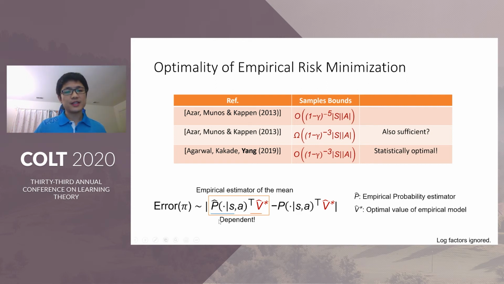However, the subtlety is that this v hat, the empirical optimal value function, is computed using the samples of this p hat. So these two quantities are highly dependent on each other, and you cannot apply Hoeffding or Bernstein because you don't have independence.